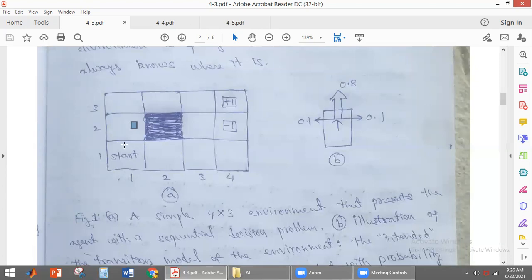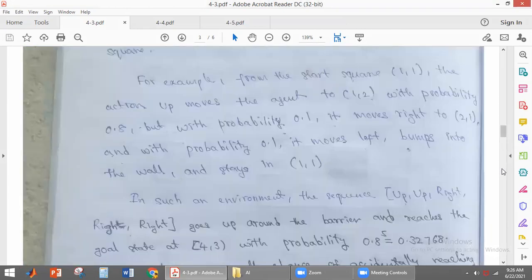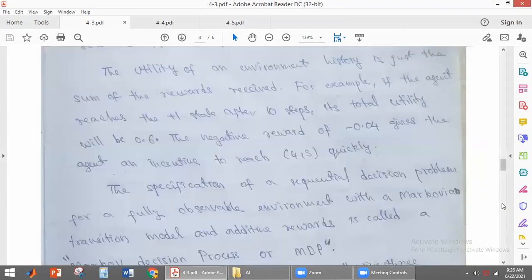In this example, these are the non-terminal states, students. All these are the non-terminal states. For non-terminal states, the reward is -0.04, whereas the terminal states have the rewards of +1 and -1. So these are the three components required to define a Markov decision process.